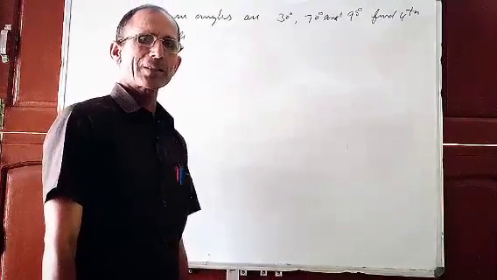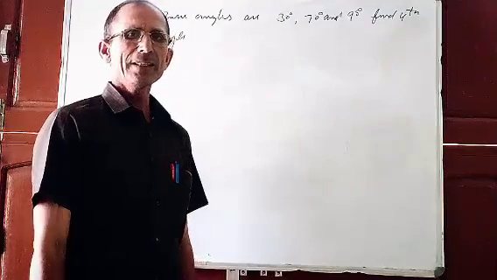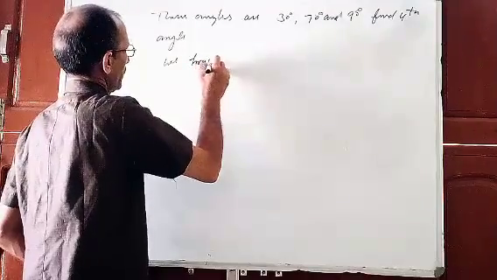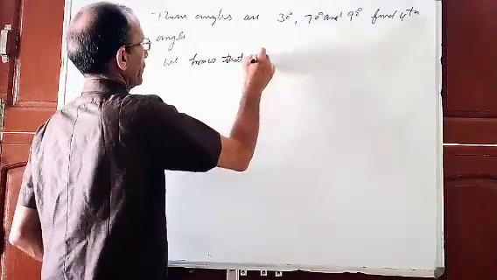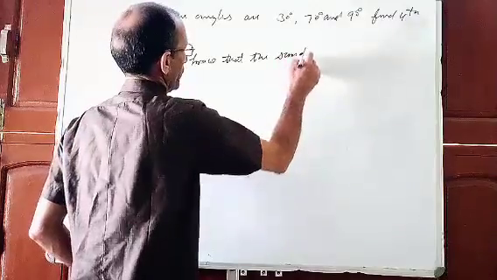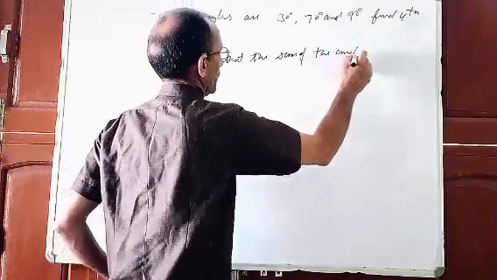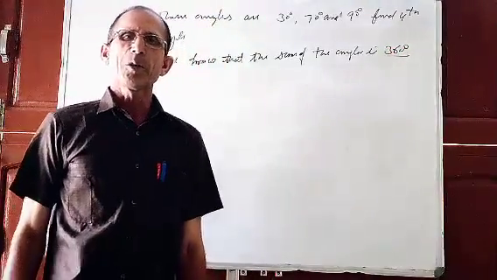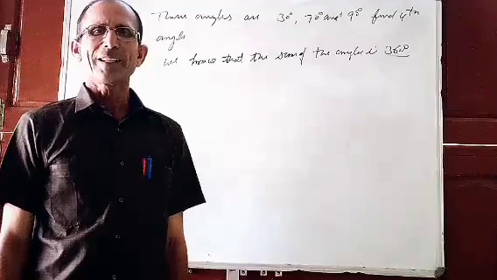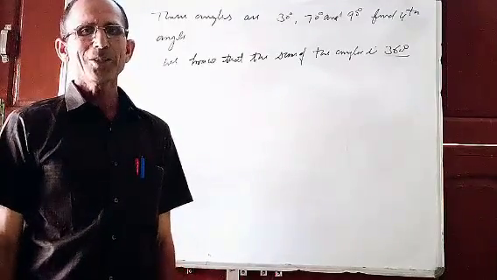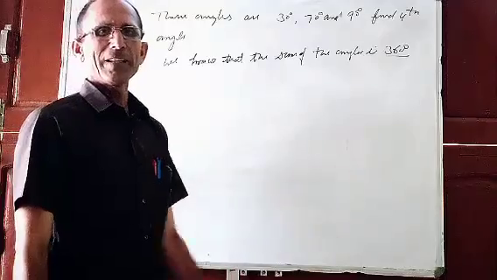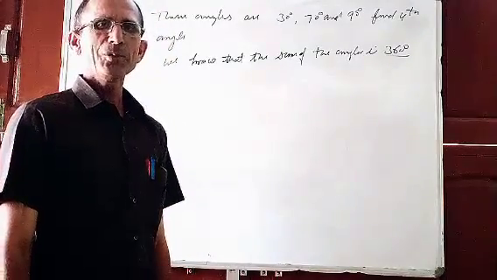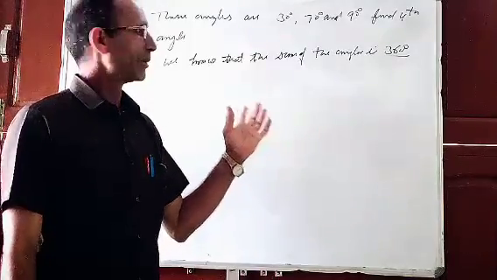We already know the sum of the angles of a quadrilateral is 360. Yes or no? Yes. Now three angles are given, so we have to find the fourth angle. You can assume the fourth angle, or you can solve in another way also.